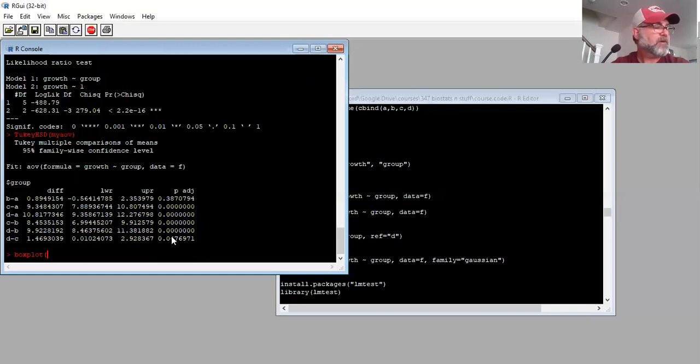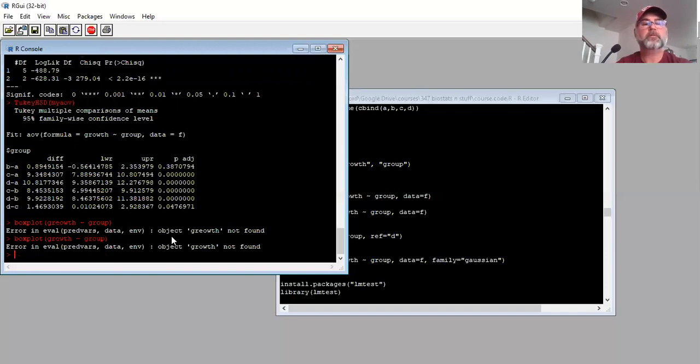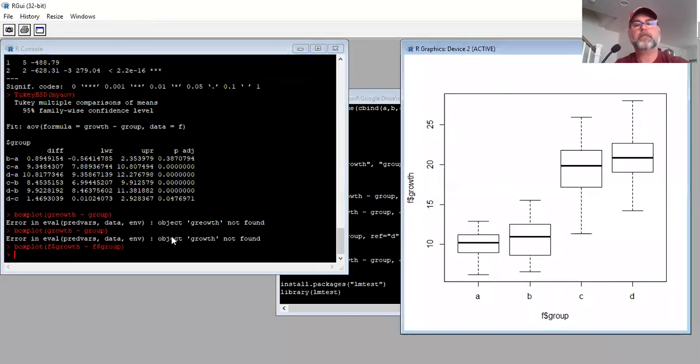So we have boxplot, and we want growth as a function of group. And all goes well, if I could spell correctly. And indicate the group. There we go.